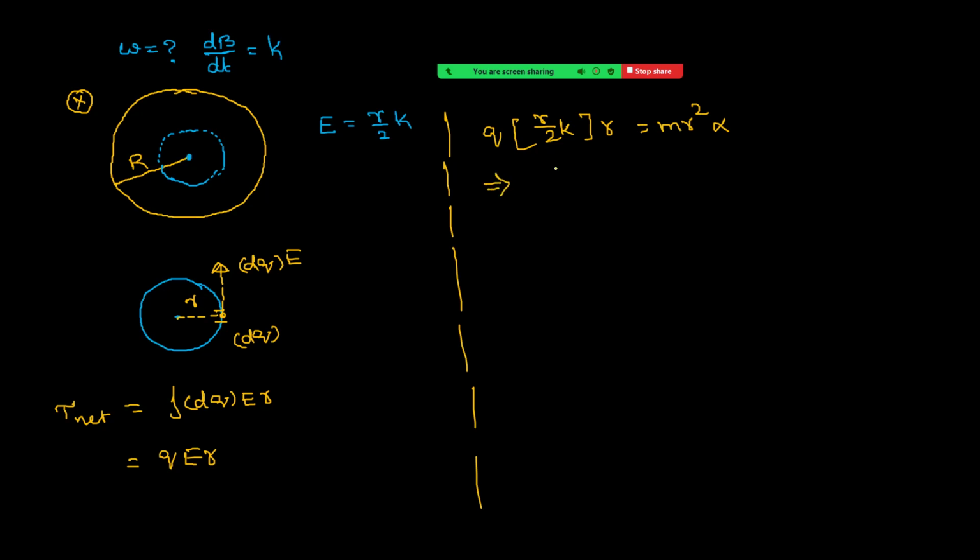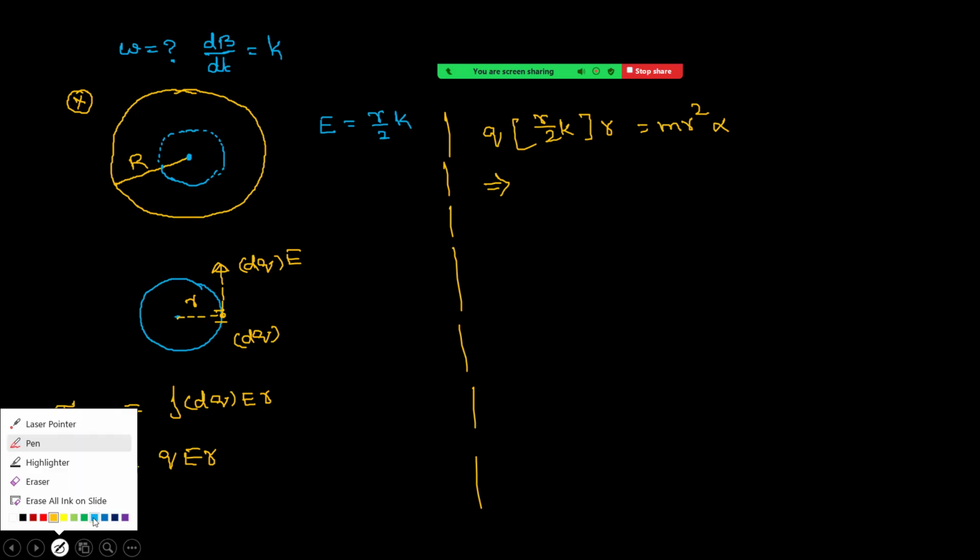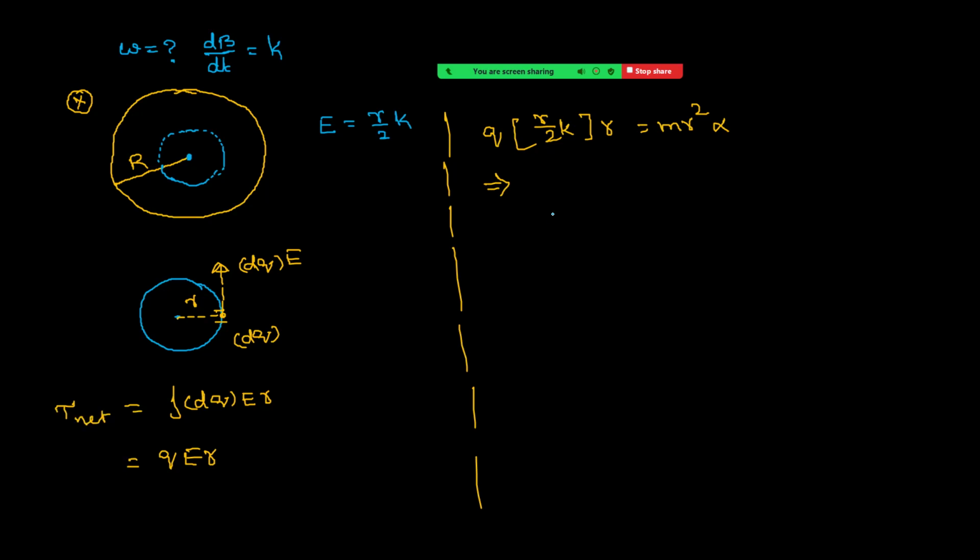Now see the calculation. R square gets cancelled. Alpha is equal to kq upon 2m.